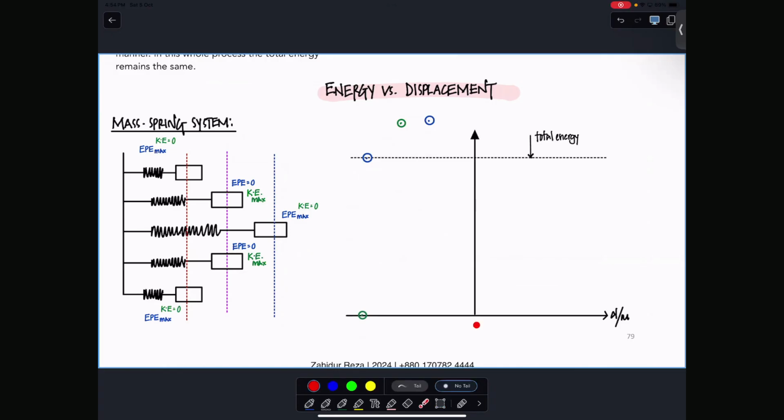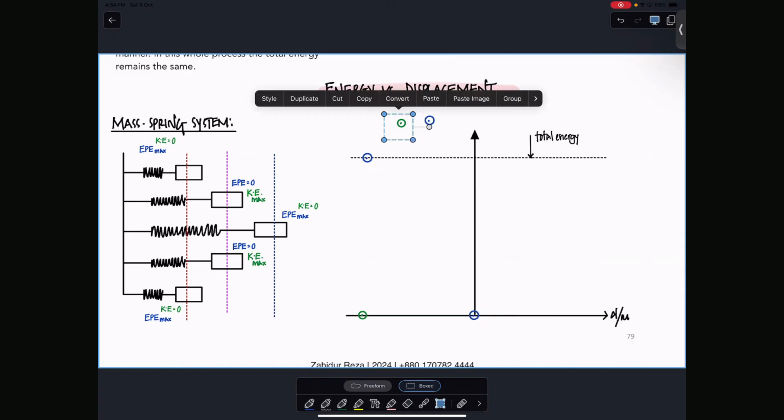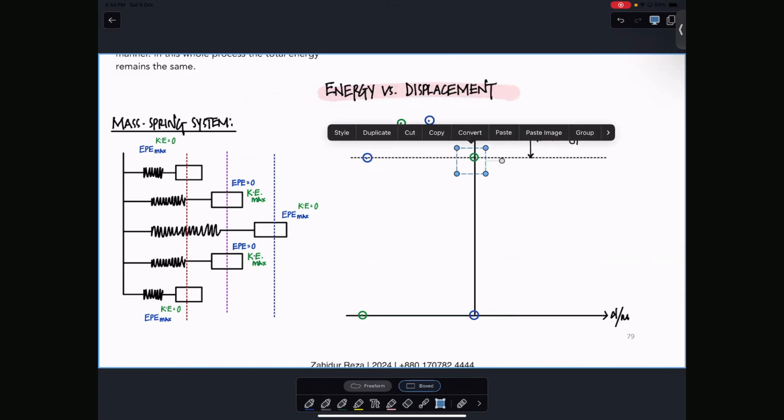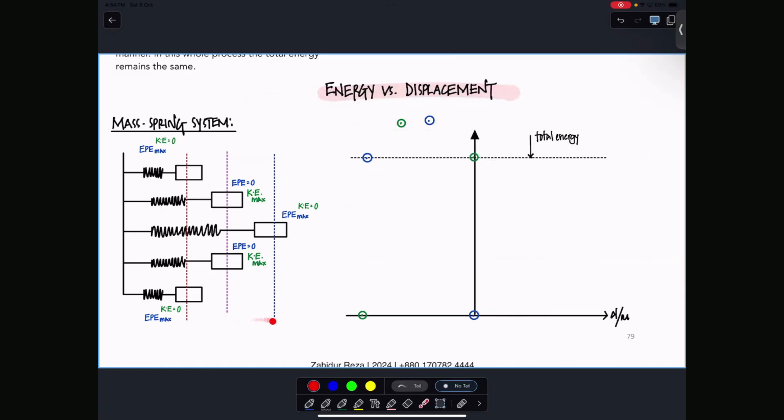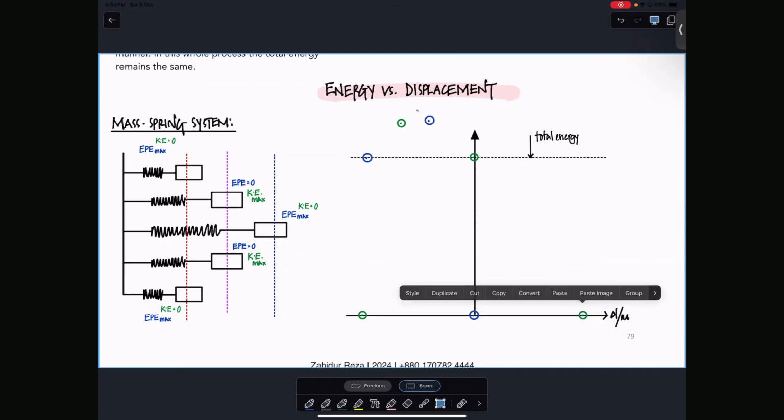So when my displacement is maximum negative, my EP is maximum and K is 0. As you cross the center, what is your EP? 0. So let's do that. EP is 0. And what is your K? Max, right? So that. And then as you go to the positive maximum displacement, what is your EP? Maximum, what is your K? 0. So if I replace that here, that's going to be this and that.